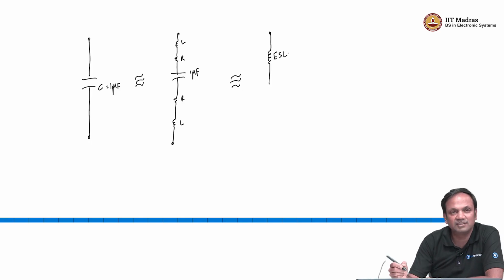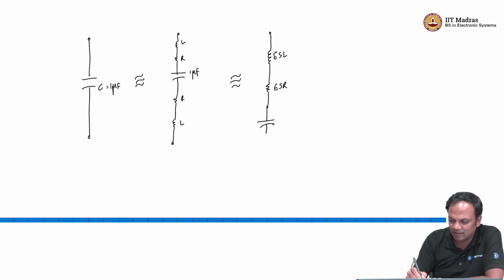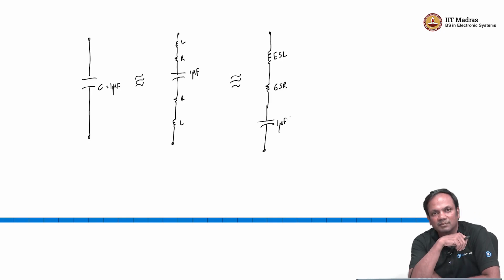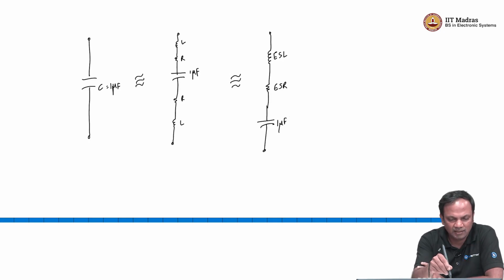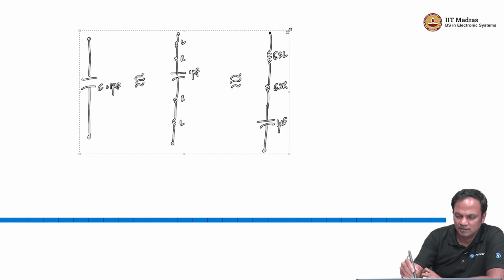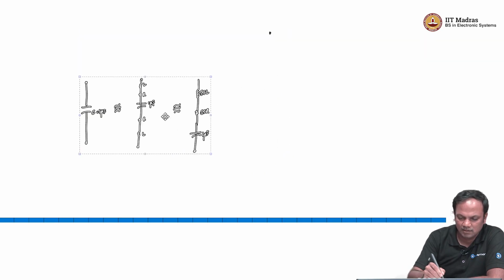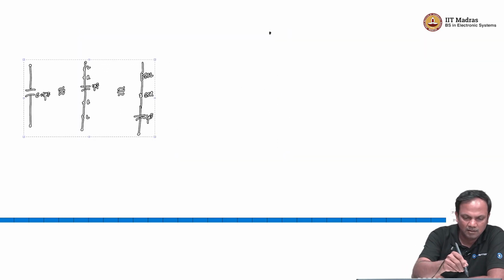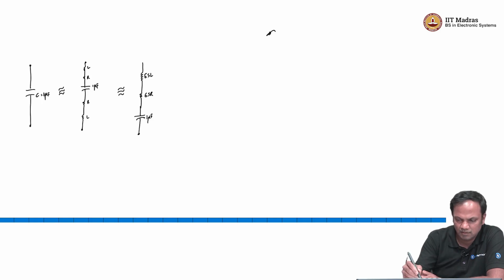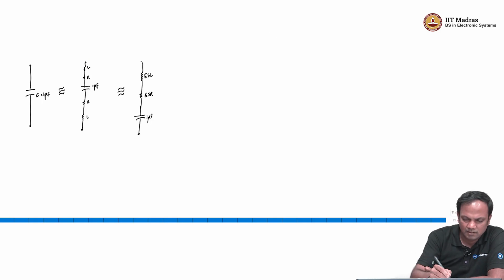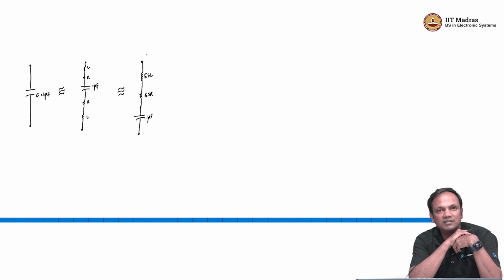There is the effective series inductance, the effective series resistance, and then the intended capacitor of 1 microfarad, right. This is actually the equivalent circuit for a surface mount capacitor.